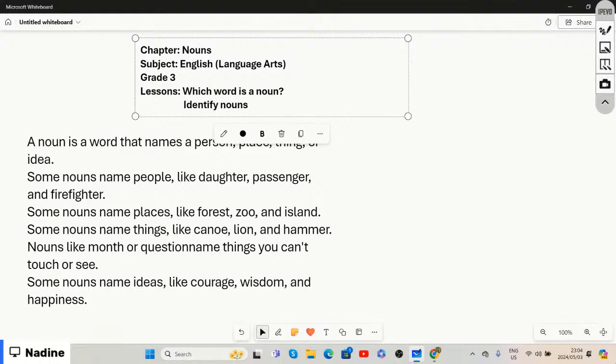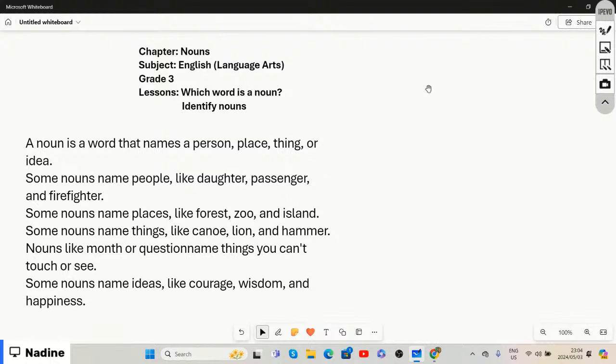And the lessons that we are going to be focusing on under the chapter of nouns is which word is a noun and to identify nouns. All right.